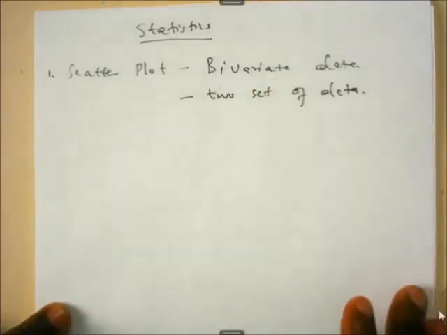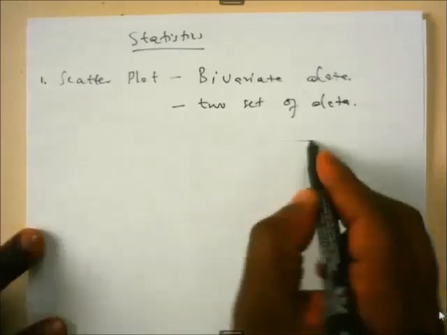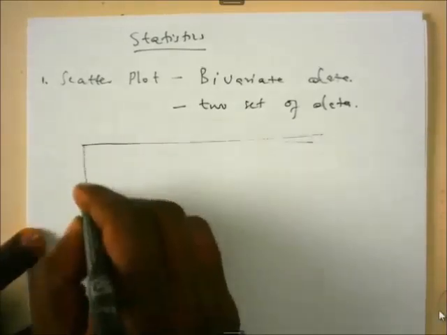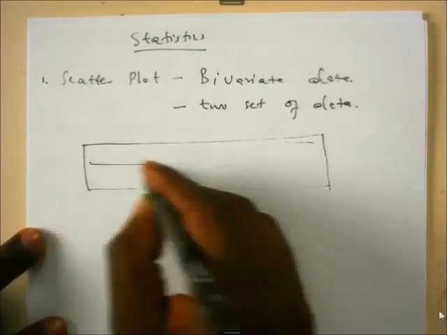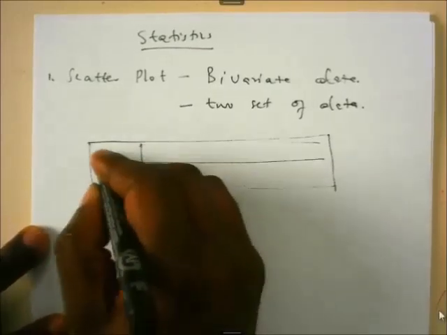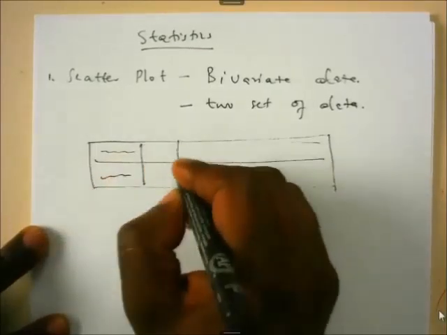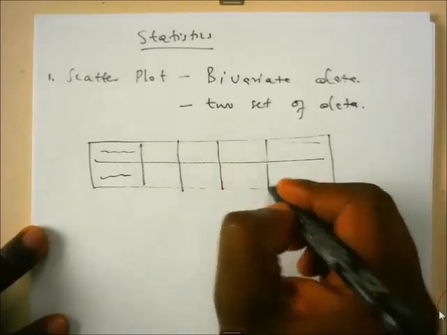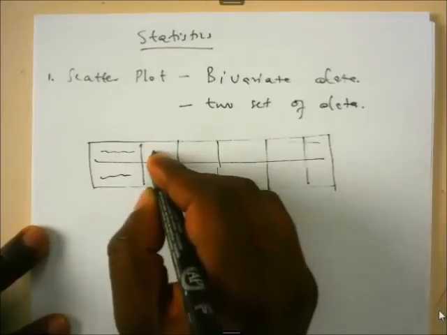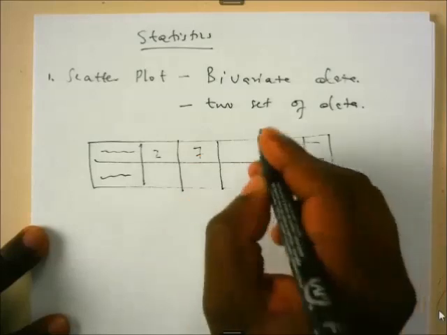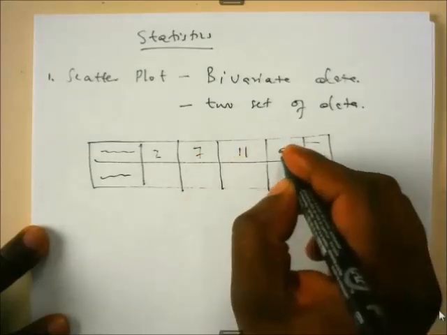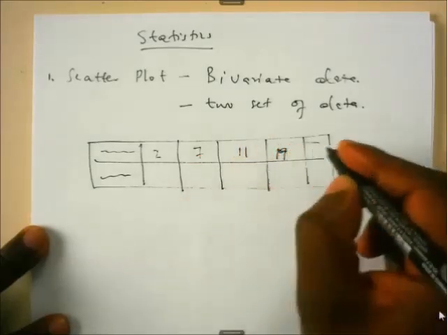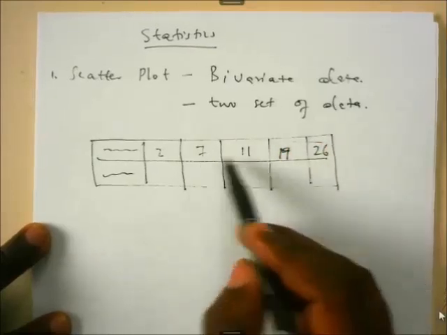For the scatter plot, you'll normally be given a table, as in other question papers, in which you are given 2 sets of data with values. I'll just make an example here. There will be values, say 19, 26. These are the values that you may have.